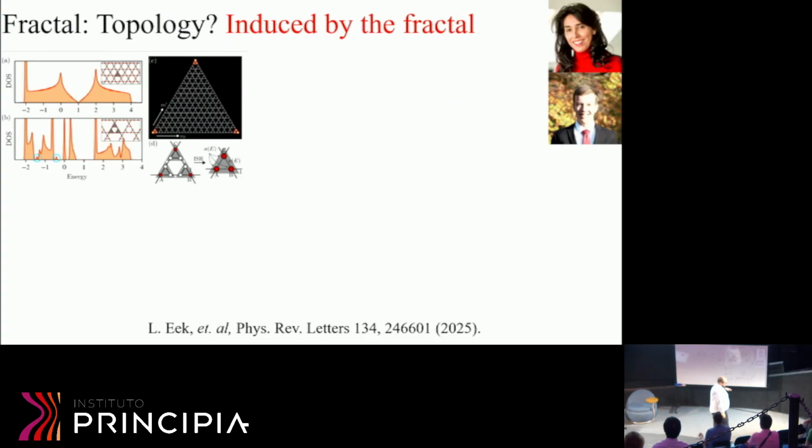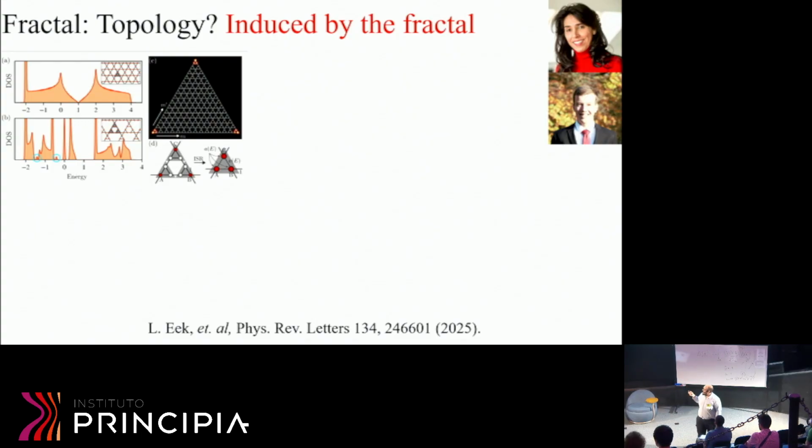The last thing that we're going to talk about in this introduction, and I think this is a more interesting perspective, is that if you look at the topology of this fractal, the fractal itself can introduce some topology. If you take a system like a Kagome lattice, which you will have heard a lot about, with just uniform hopping, no magnetic field, no interaction, you don't have many interesting things going on. But now if you put this kind of fractal with this Kagome structure, it's very interesting.